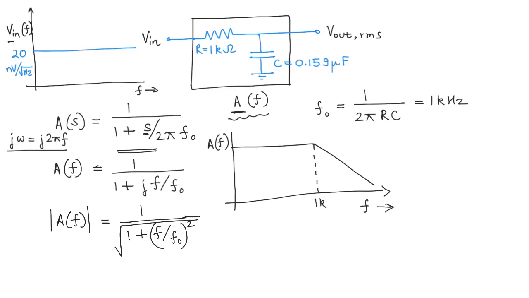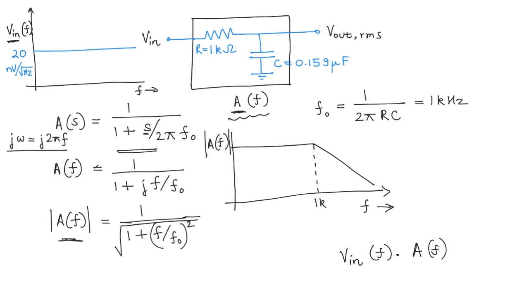So that's going to be the magnitude. And what we want to do, of course, I should have mentioned this before. What I'm plotting here is the magnitude here. Okay, so now what I want to do in this exercise is I want to multiply V in with the magnitude of the amplitude response. So I want to multiply V in F times AF, right?